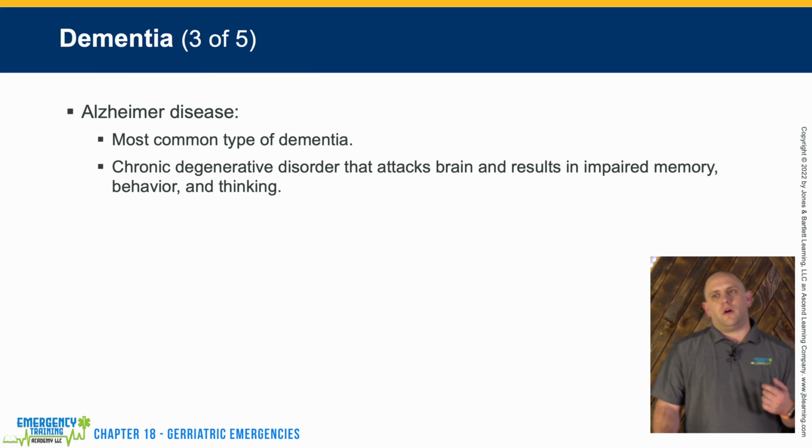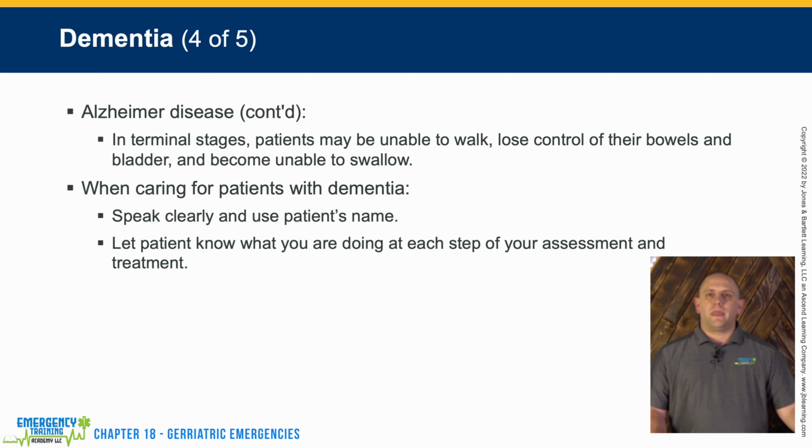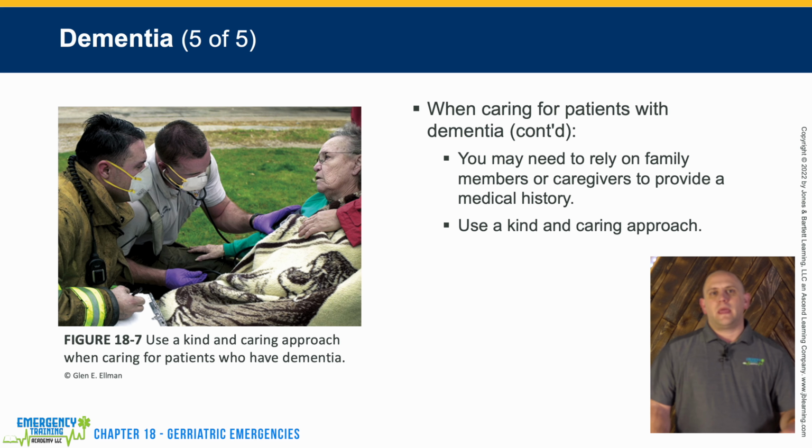We want to make sure that the therapeutic communication that we have stays the same across every patient population, every disease process. Make sure that we're just talking and communicating with them and treating them as an individual.